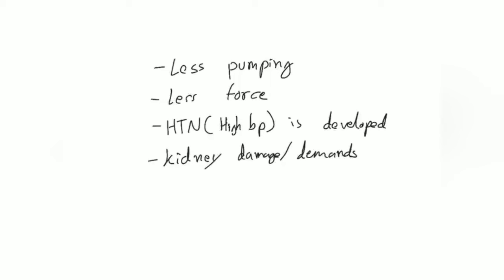So what happens as the heart receives that message is that it eventually increases the pressure. So it's going to end up becoming a type of chronic high blood pressure as a way to compensate.